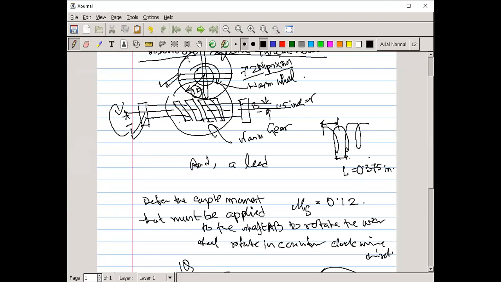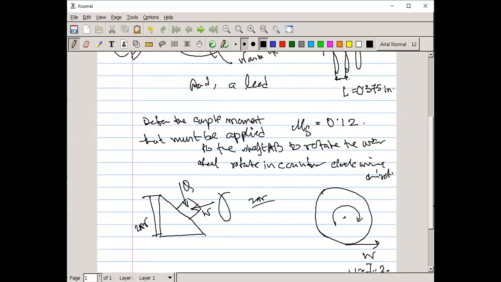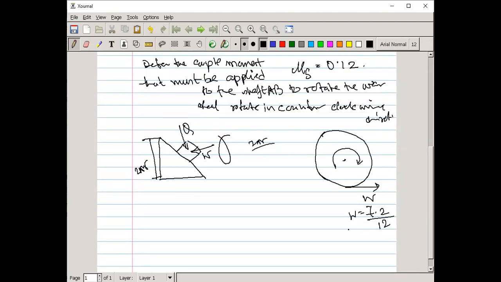Then W, the weight, is 600 pound, okay, so that is applied on this one.